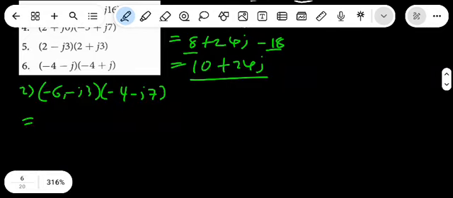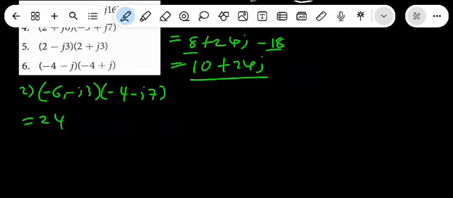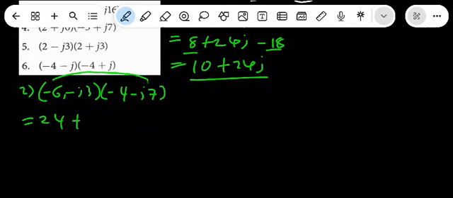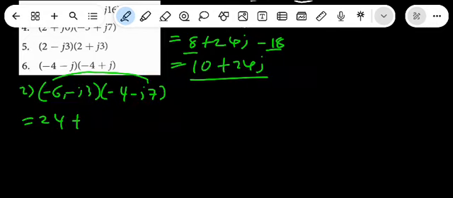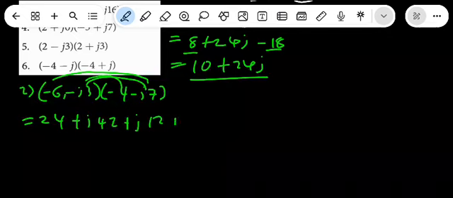When you distribute, negative 6 multiplied by negative 4 will be positive 24, plus this multiplied by that will be positive j42. This multiplied by this will be positive j12, and this multiplied by that, positive j squared 21.